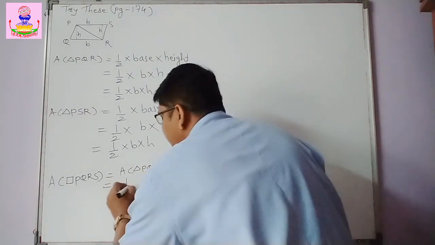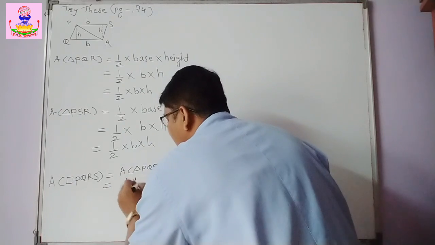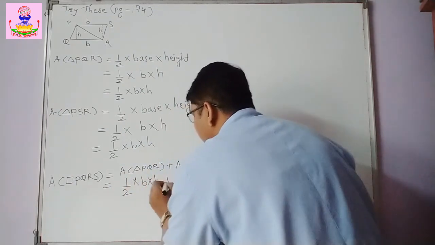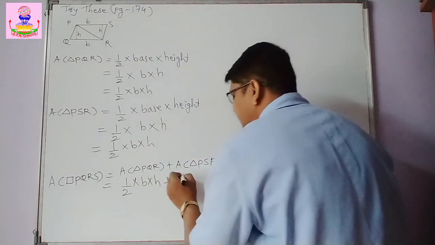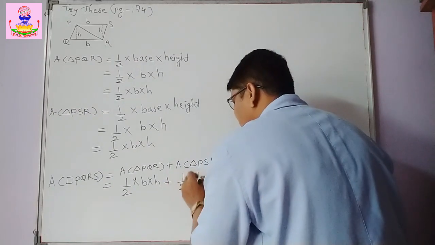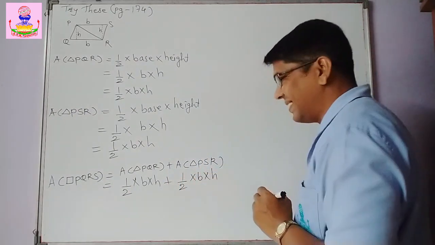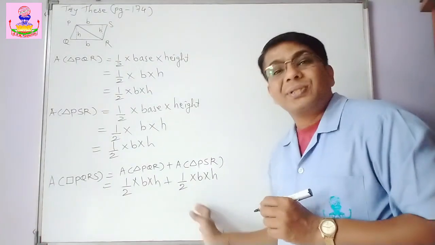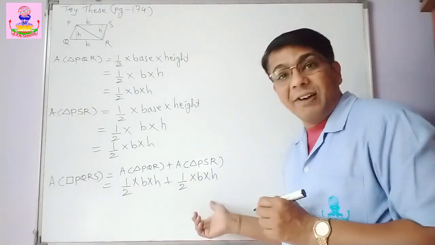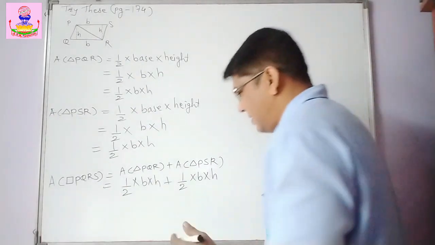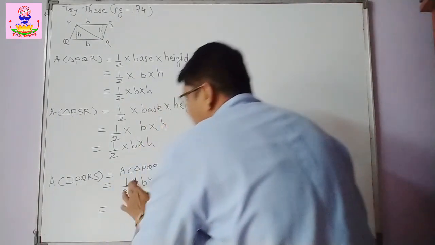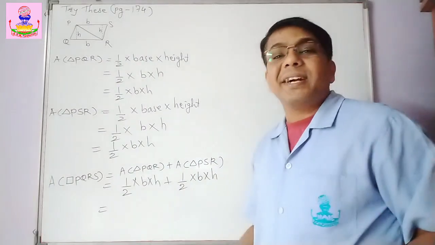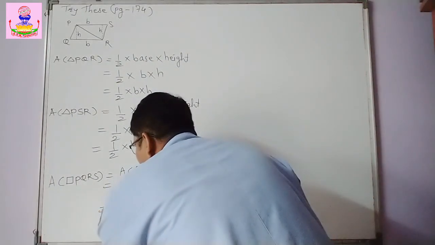Now, what is area of triangle PQR? Half into B into H, plus area of triangle PSR, half into B into H. Now, everything is the same. So, half BH plus half BH. How much is it? 1 upon 2 plus 1 upon 2 becomes 2 upon 2.